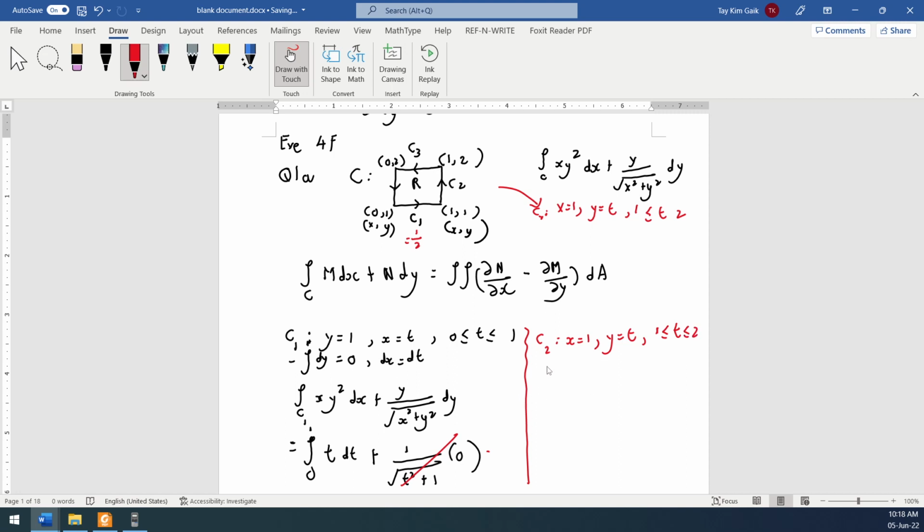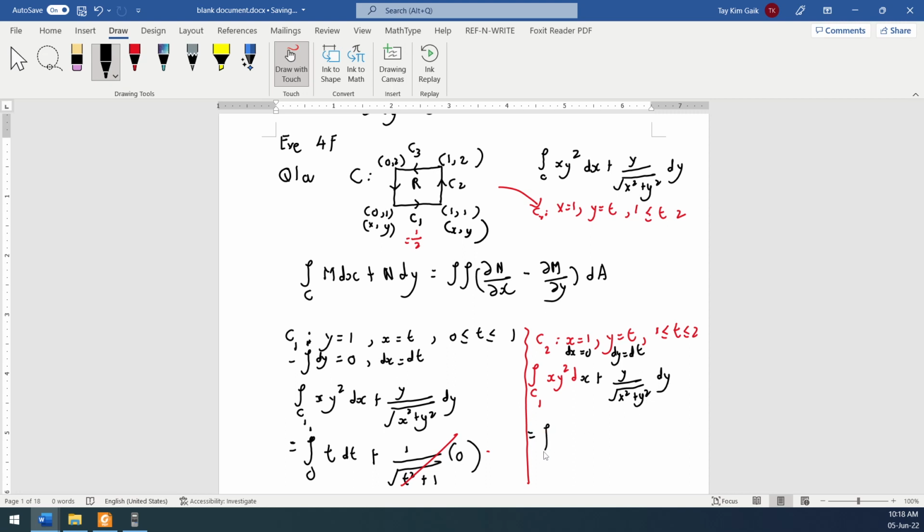And then you evaluate the line integral, now changing from C1 to C2. Your x is 1, so dx is 0. dy equal to dt. So you evaluate the line integral x y squared dx plus y over x squared plus y squared dy.